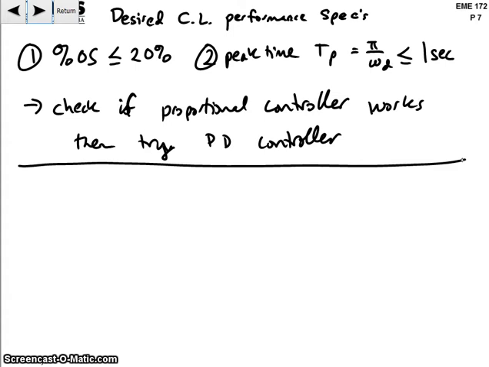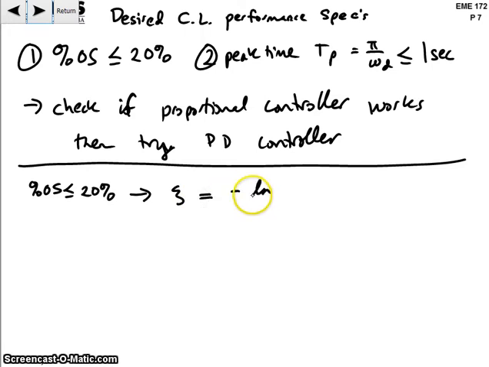So let's look at the two constraints, 1 and 2, in terms of closed loop pole positions. To have percent overshoot less than or equal to 20%, that's going to be a specification on the damping ratio. I can go back to the lecture where I related zeta to percent overshoot.